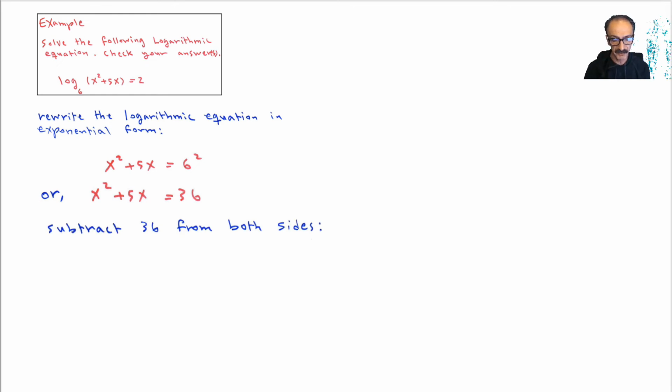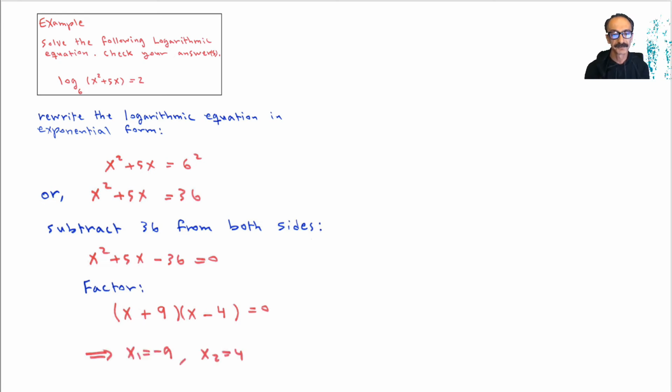Subtract 36 from both sides. I get x squared plus 5x minus 36 equals 0. Factor it. I get x plus 9 times x minus 4 equals 0, which implies that x equals -9 or x equals 4.